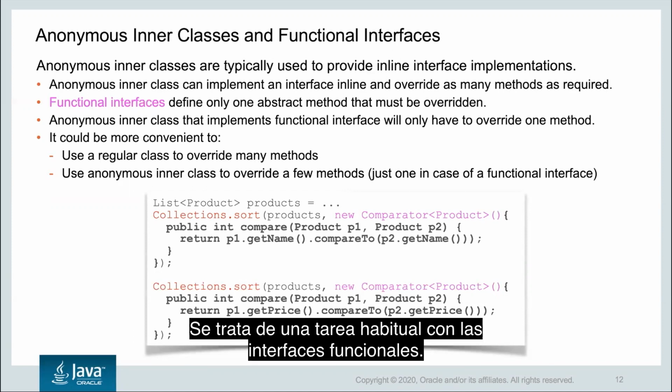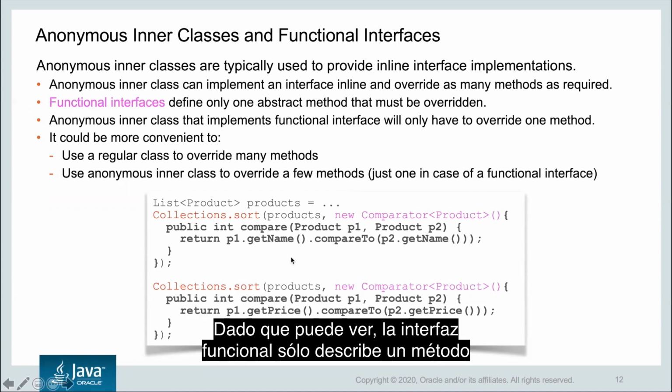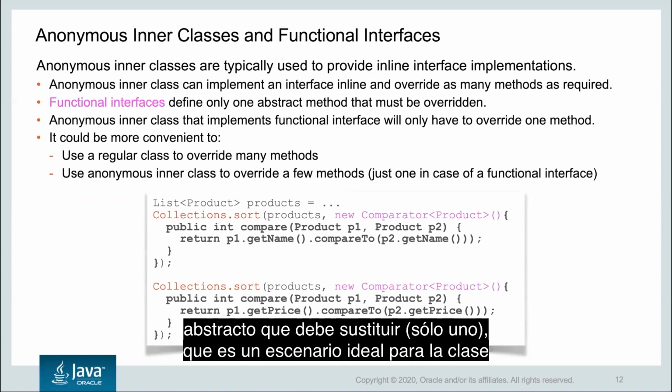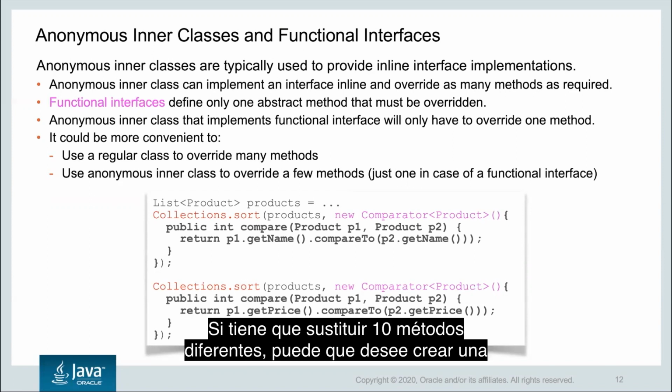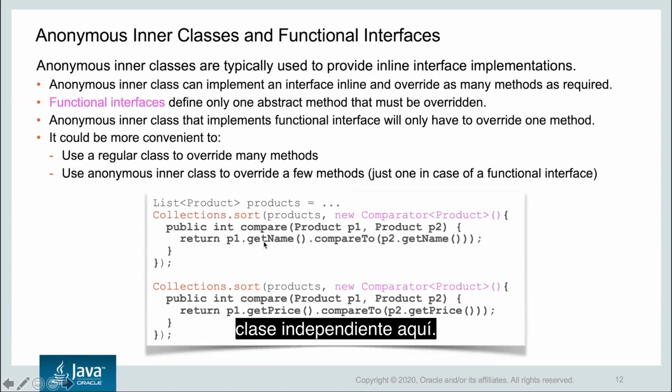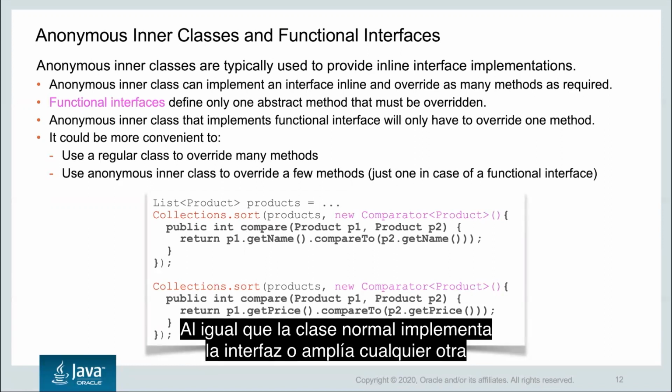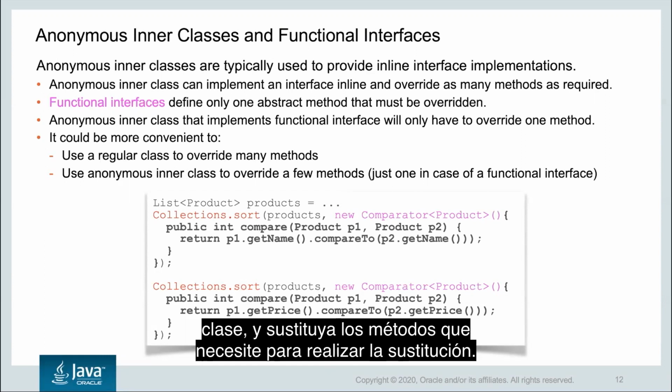It's a typical thing to do with functional interfaces, because a functional interface only ever describes one abstract method that you need to override, just one, which is the ideal scenario for an anonymous inner class. If you have to override 10 different methods, then chances are you probably want to create a separate class, just like a normal class that implements whatever interface or extends whatever other class and overrides whatever methods you need to override.